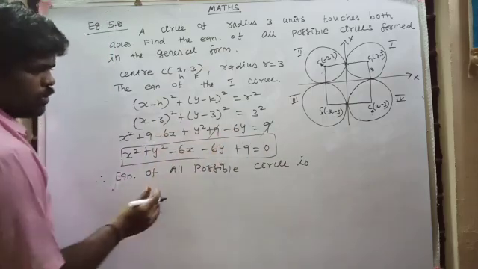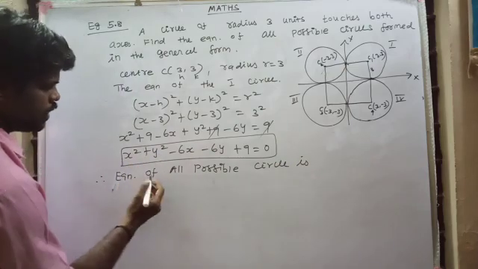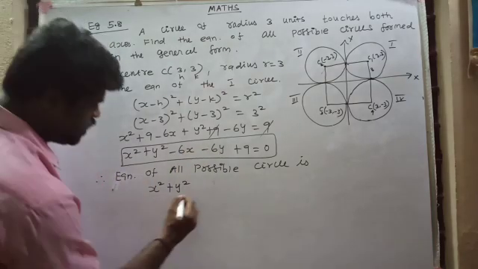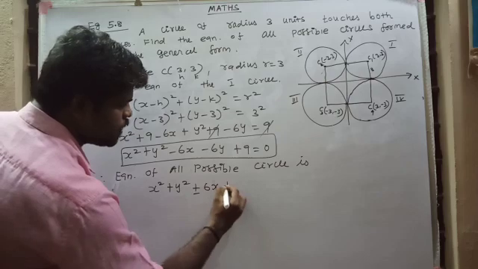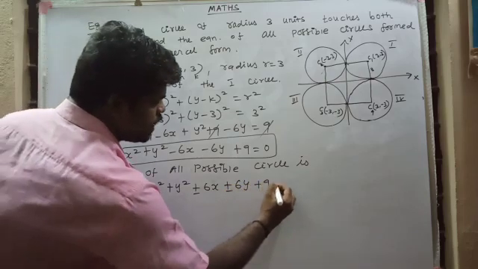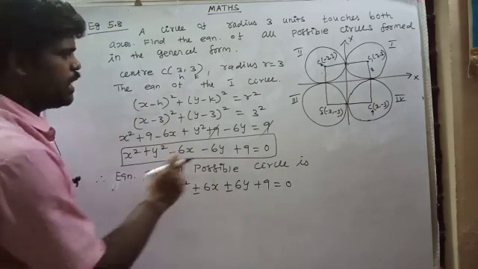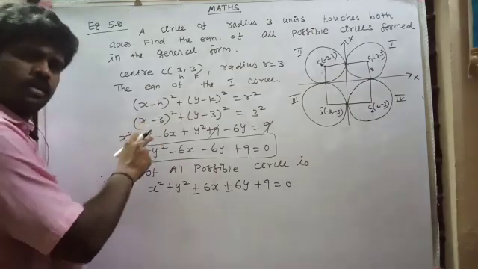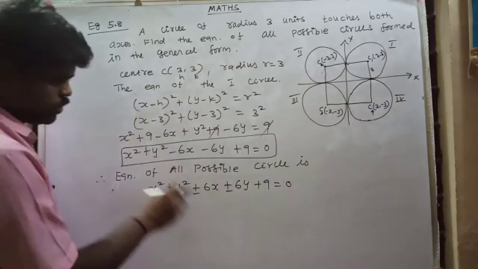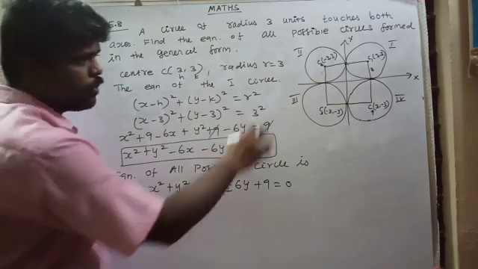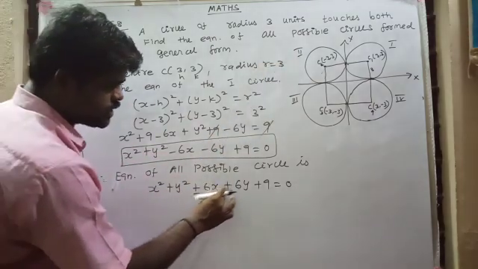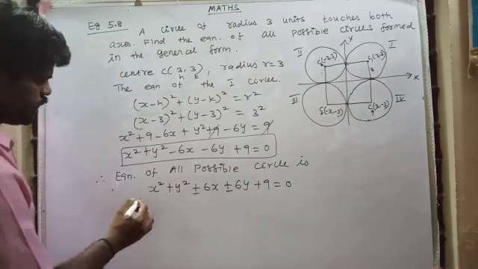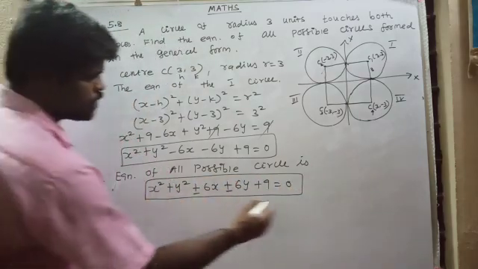So for all possible circle equations, we write x square plus y square plus or minus 6x and plus or minus 6y plus 9 equal to 0. We don't give plus or minus on the constant, because this is the square term, 3 square 9. If we have minus 3, it is also 9; if we have plus 3, also 9. So the sign changes across all possible circles occur only in the 6x and 6y terms. That's why we write plus or minus. Okay, right. This is the equation of all possible circles.